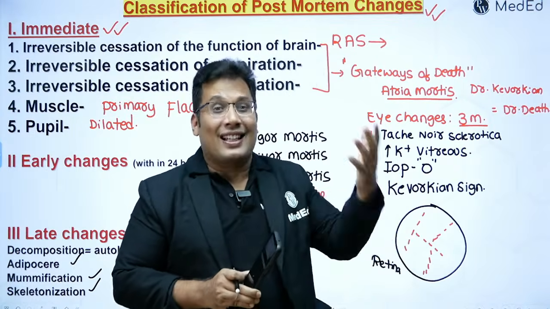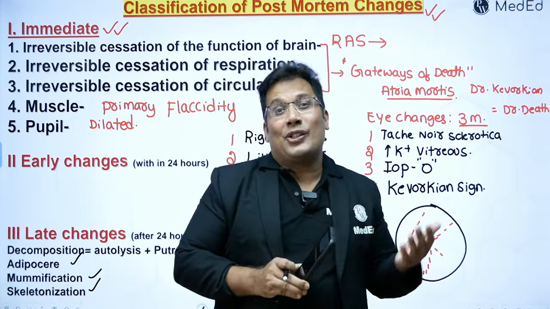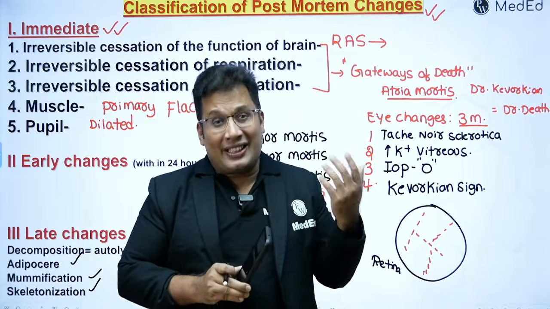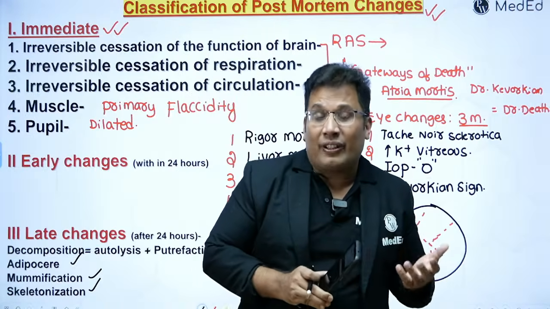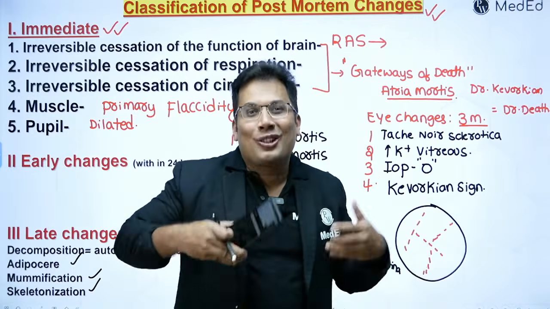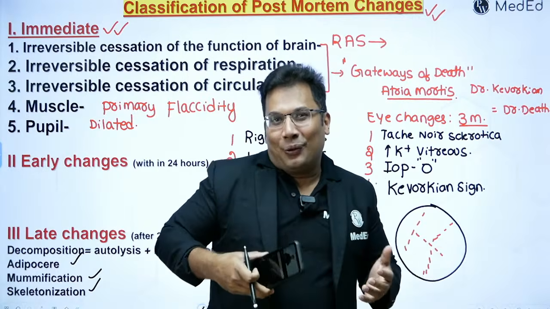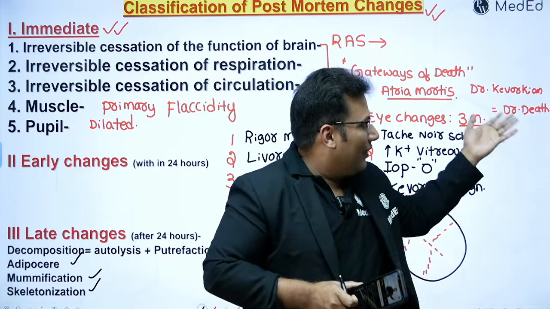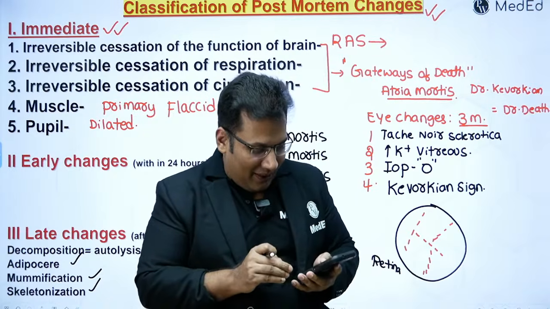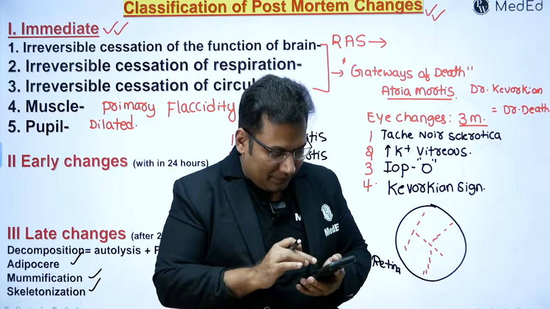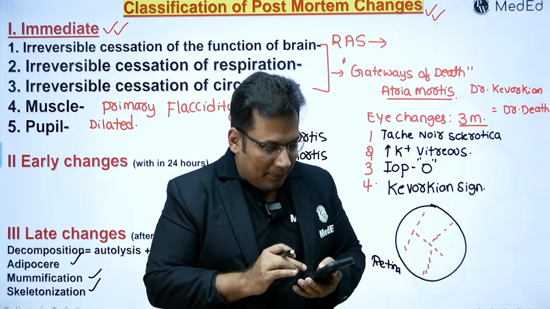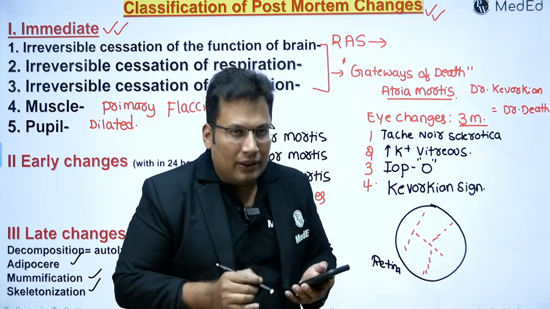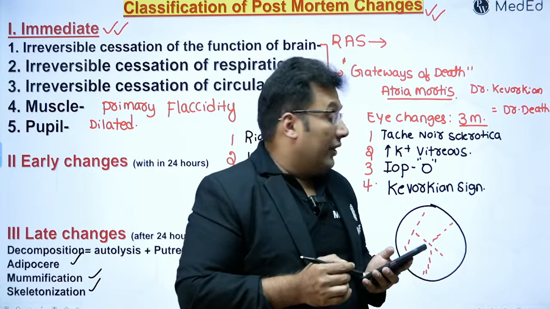Dr. Kevorkian was arrested under the charges of culpable homicide and murder, because he was helping many patients, especially those suffering from depression, to commit suicide and to cause painless death. That's why he is called Dr. Death. Just keep writing this.